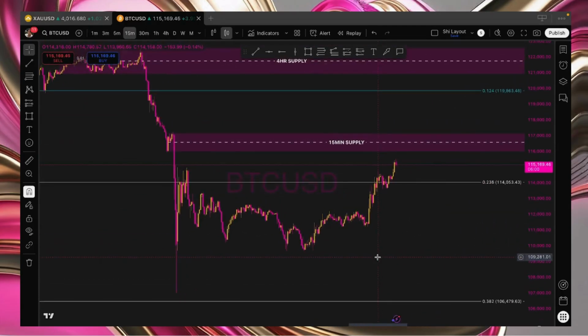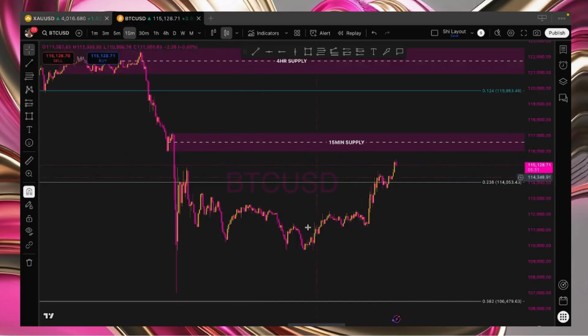So I'm gonna go back to this 15-minute time frame, and in order for me to get into an entry off of this zone, I need to see rejection out of here, right? If a candle closes on the outside of this, to me, that is an indication that we can get further bearish momentum. Okay, if a candle closes above this zone, we can see that we can possibly tap back into this 4-hour supply, right?